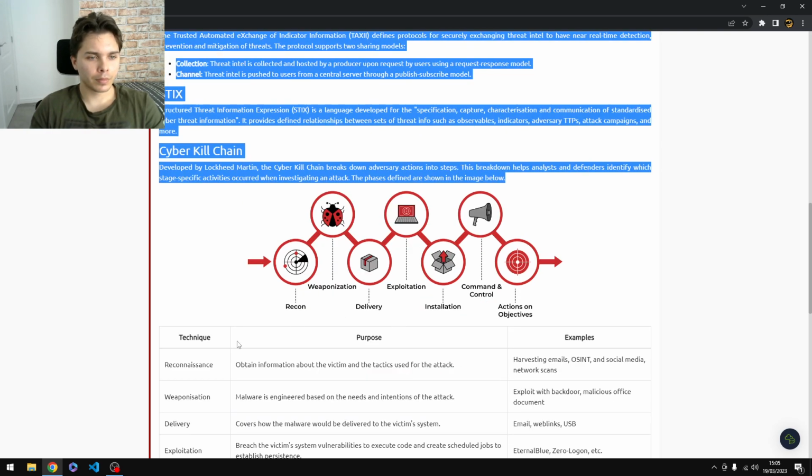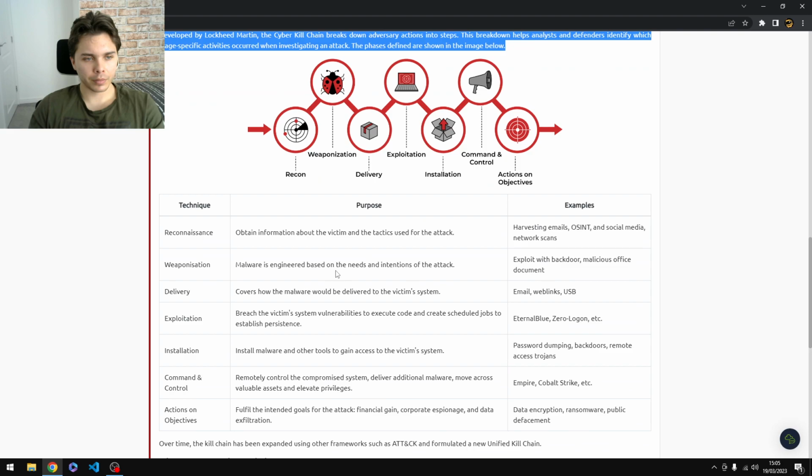Cyber Kill Chain. Developed by Lockheed Martin, the Cyber Kill Chain breaks down adversary actions into steps. This breakdown helps analysts and defenders identify which stage-specific activities occurred when investigating an attack. The phases defined are shown in the image below.